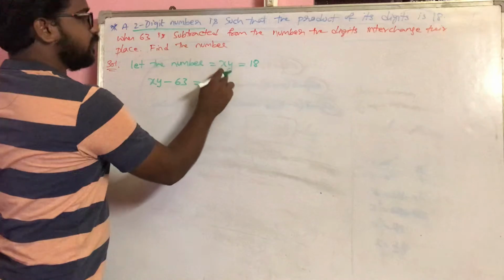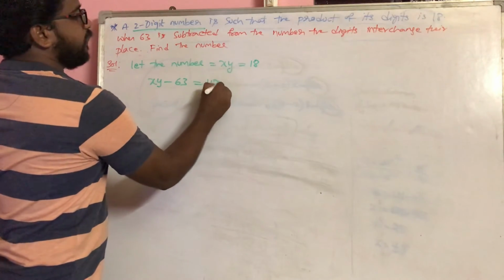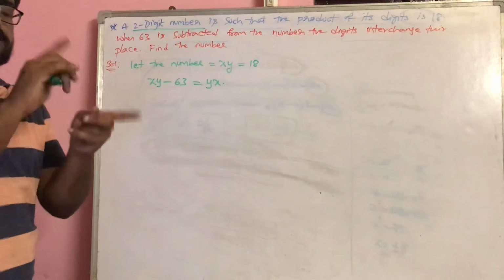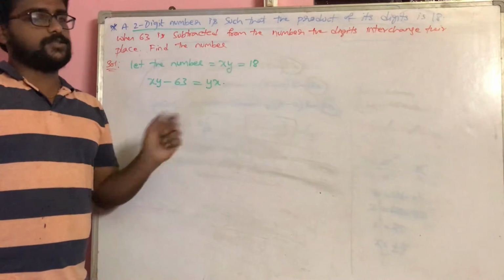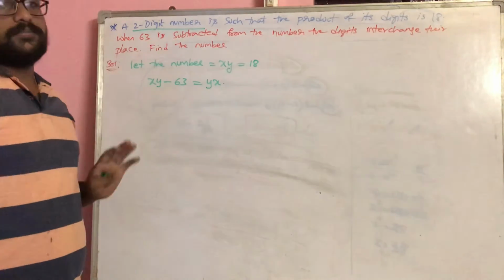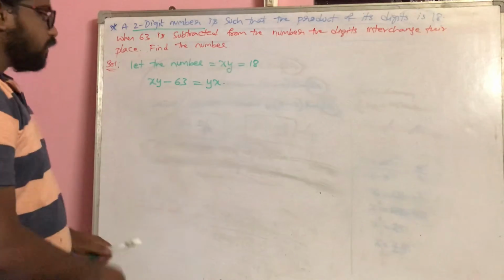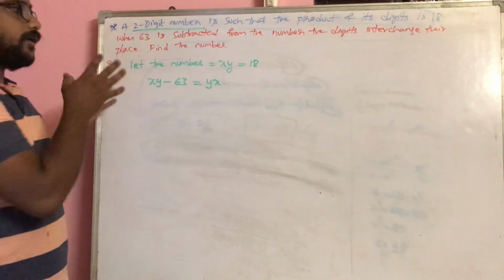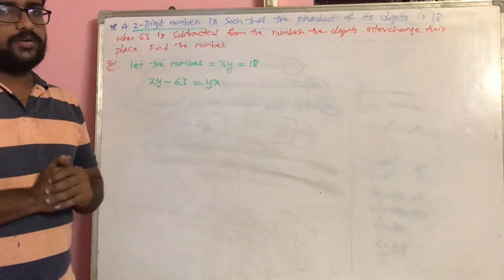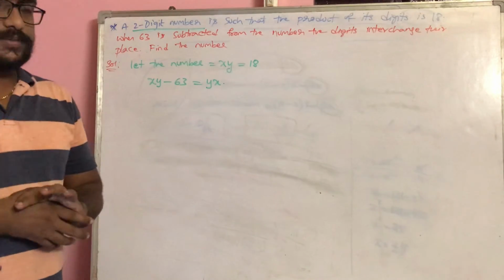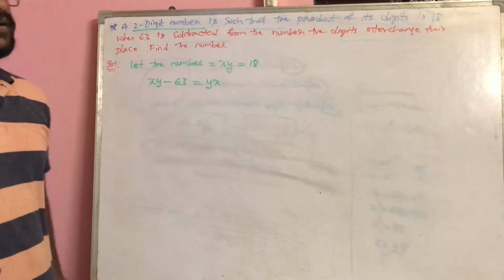That means they swap their positions, so x has to be replaced with y, and y with x. Find the number. This is the only thing we interpreted from the question. There is no other clue, but how will we simplify this? Now just try to understand one thing.